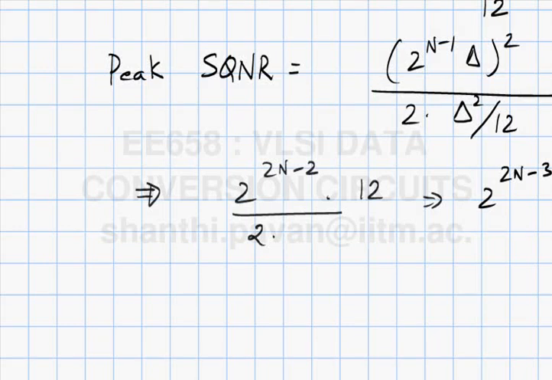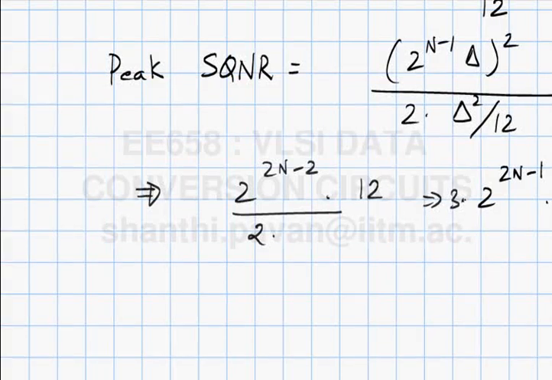I can make this 2 to the 2n minus 1 times 3. Alright? And when n is large, you can see that this number can become fairly large.